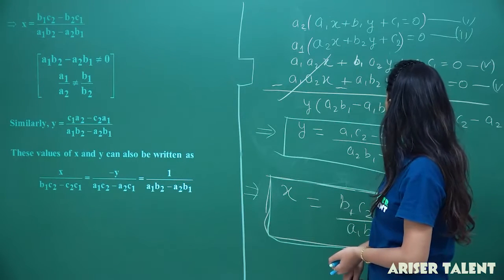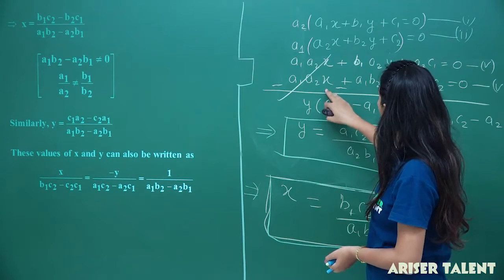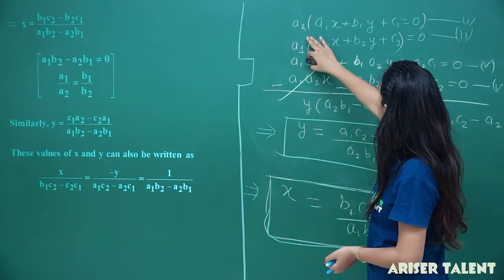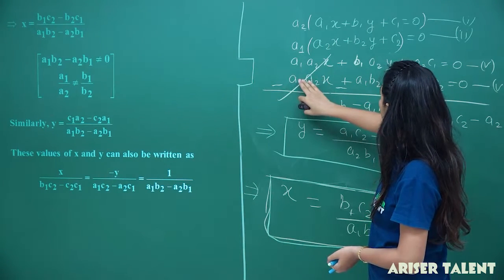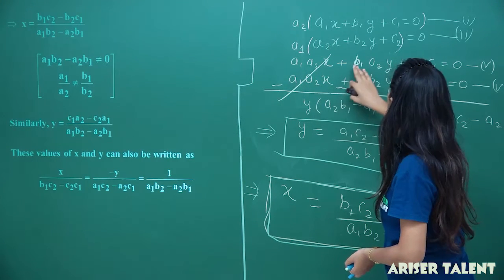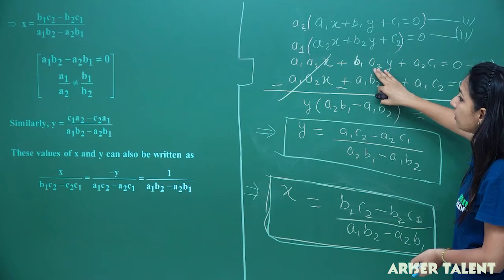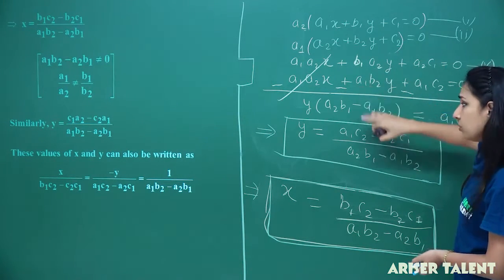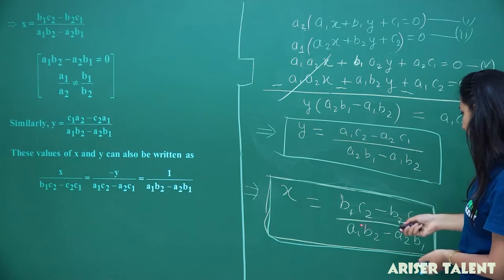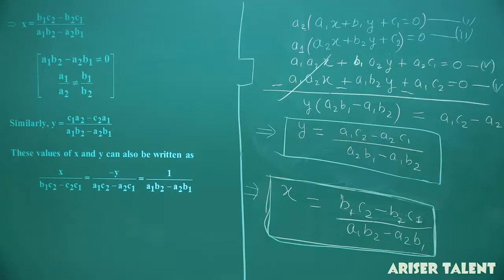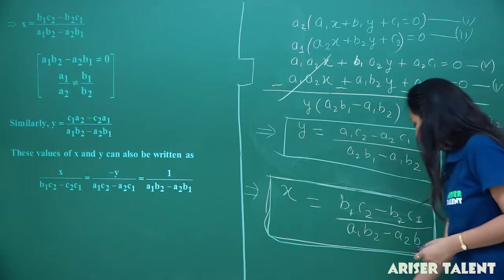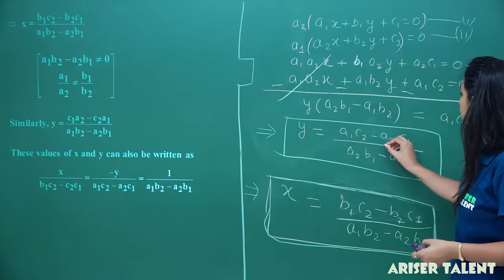Okay. So this is not like this. So what we have done wrong here, that is a1 a2 x cut. Okay. That is b1 a2. So here's a sign confusion. It's nothing students, but we have just taken common minus.